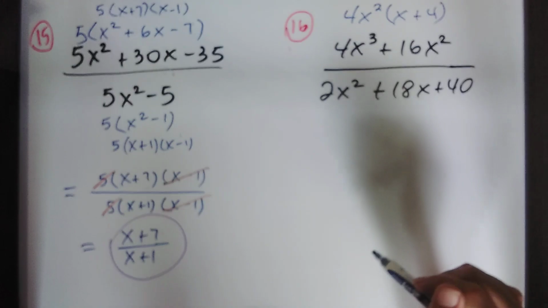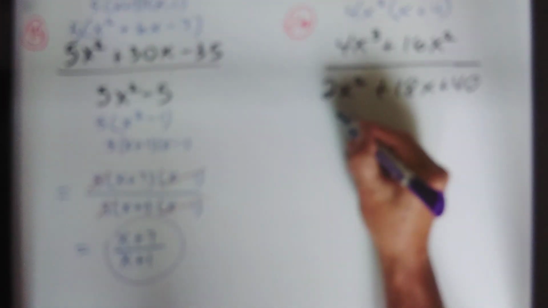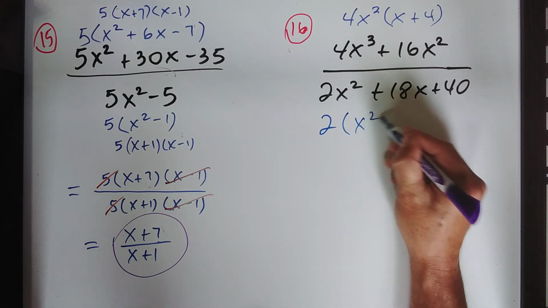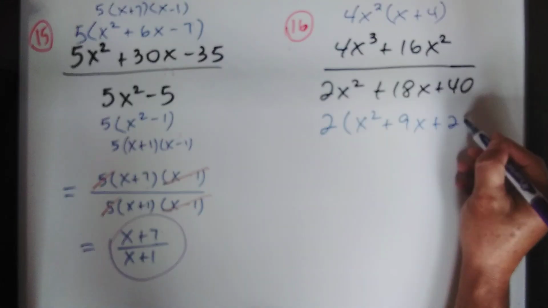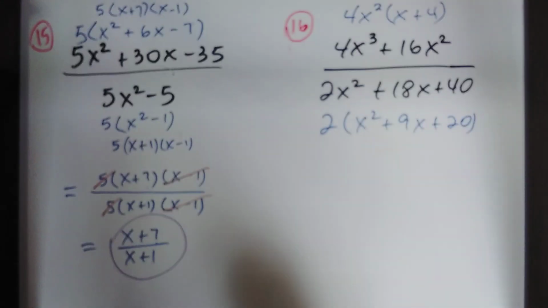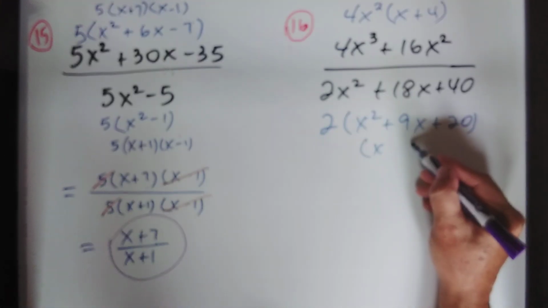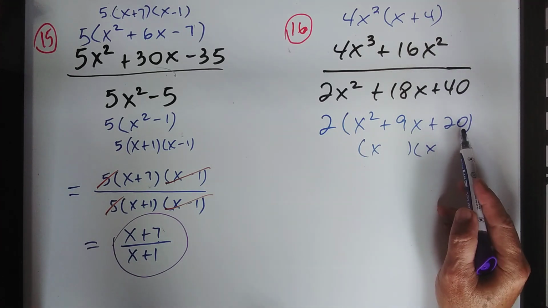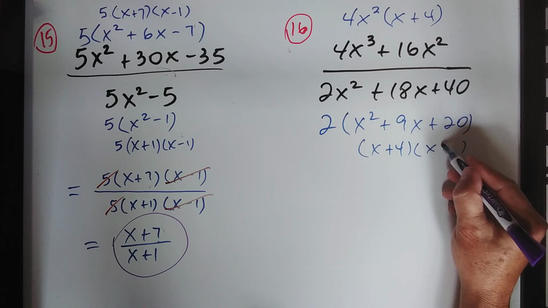Before I do the crisscross, I notice that 2 goes into both of them, so to make it easier I'm going to factor 2 out: x squared plus 9x plus 20. This trinomial is factorable, so I need two numbers that multiply to 20 and add up to 9, and that has to be positive 4 and positive 5.